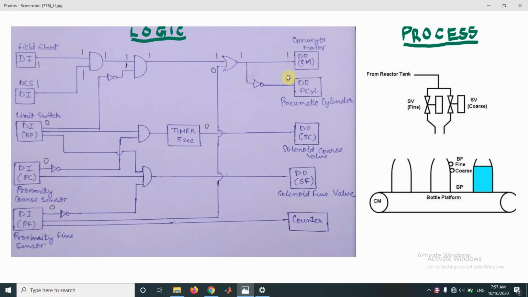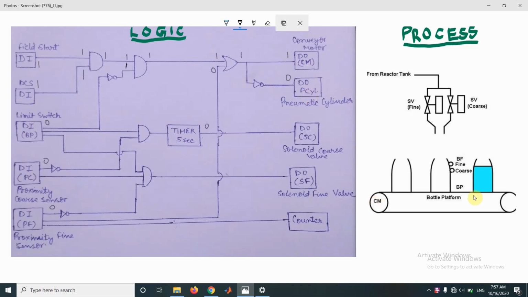Subsequently, the pneumatic cylinder is in off state. From the logic circuit, we can easily see that when the conveyor motor is running, the pneumatic cylinder would be off, and when the pneumatic cylinder is in operation, the conveyor motor stops.